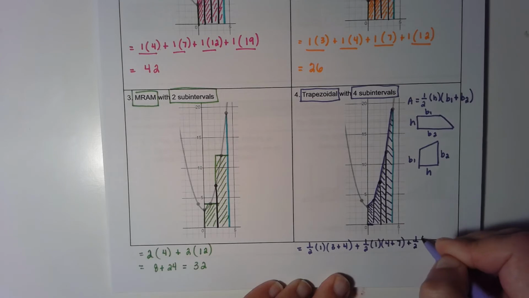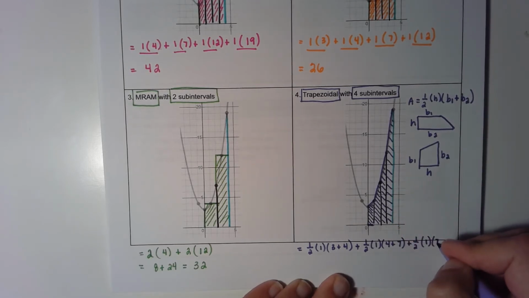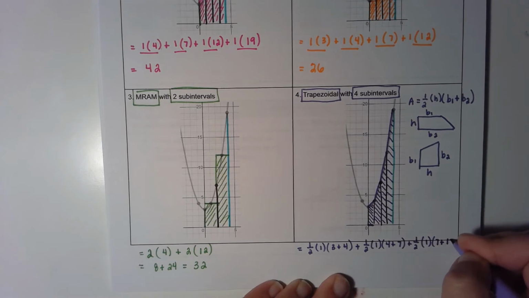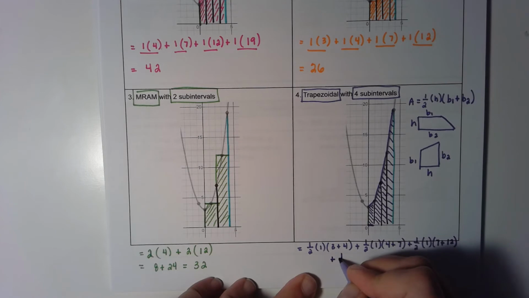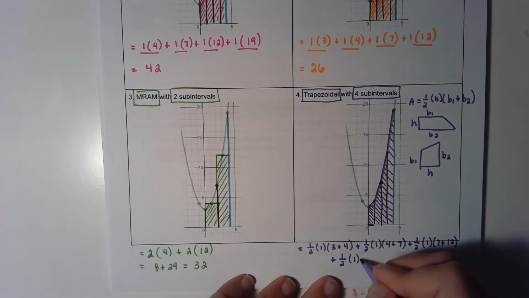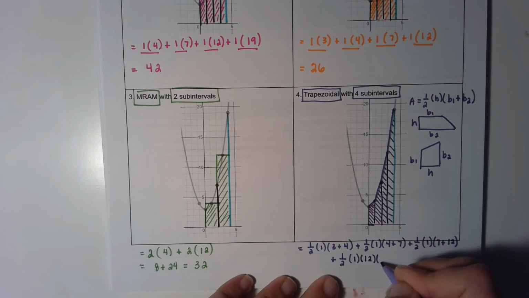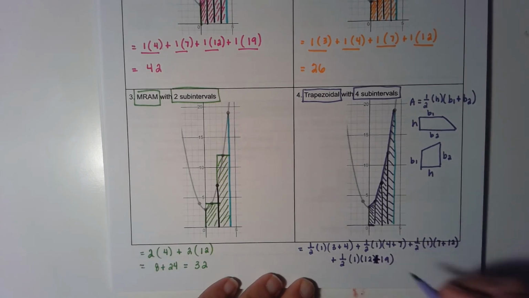Plus 1/2 times the height is 1 times base number 1 is 7 plus base number 2 is 12. And then plus the 4th trapezoid would be 1/2 times the height, and then base number 1 is 12 and base number 2 is 19.